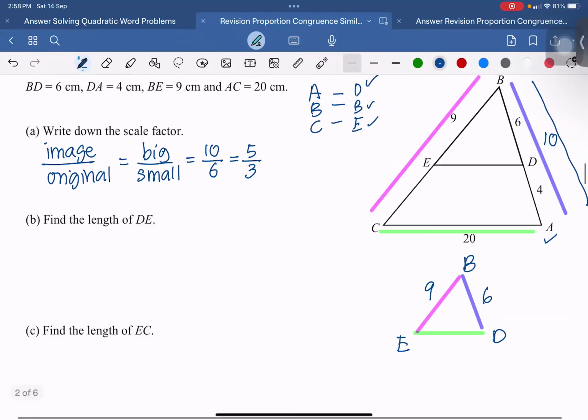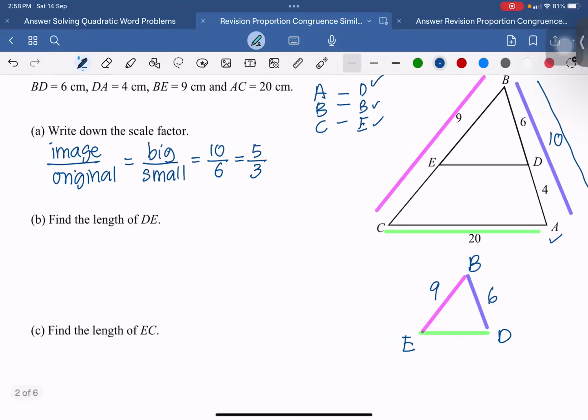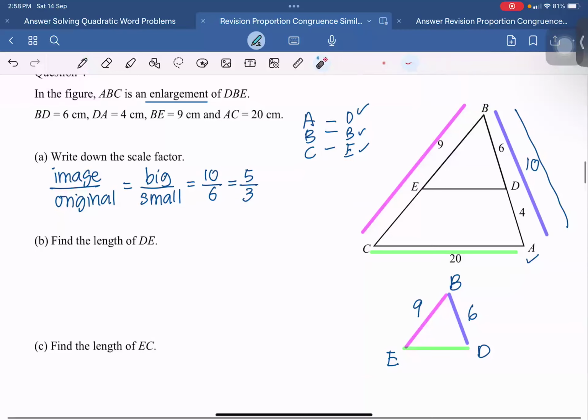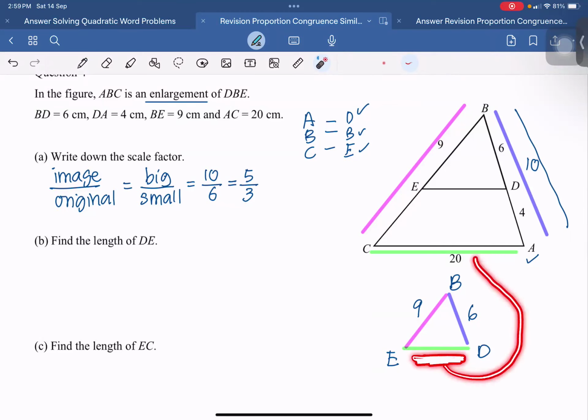Next part, D. It's Akmal. Akmal, is it? Okay. So the larger one, this one is the larger one here, with this 10/6, right? Then you use calculator. Okay. Next one, find DE. DE is the smaller portion, green color. This one, DE matches with the side AC.